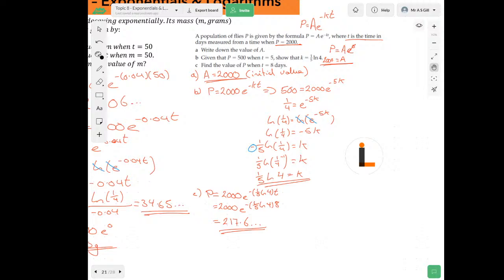Okay? So exponential growth and decay questions all follow a very similar kind of pattern like the one you've seen here.